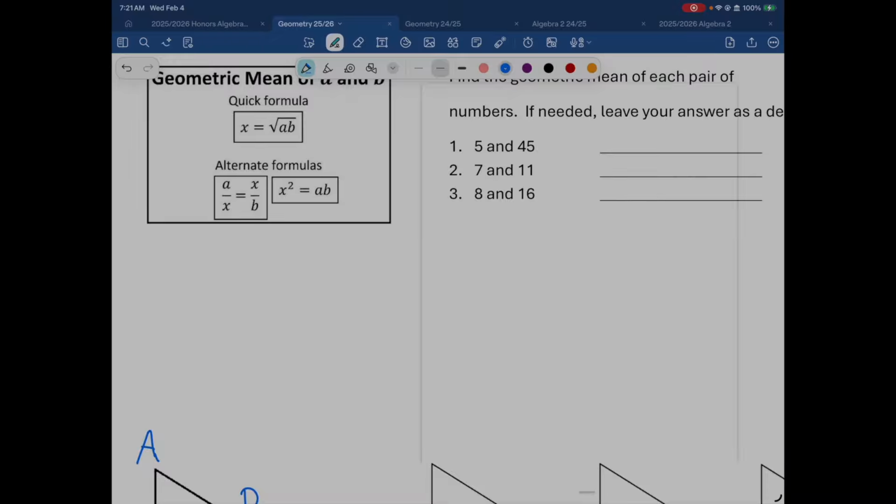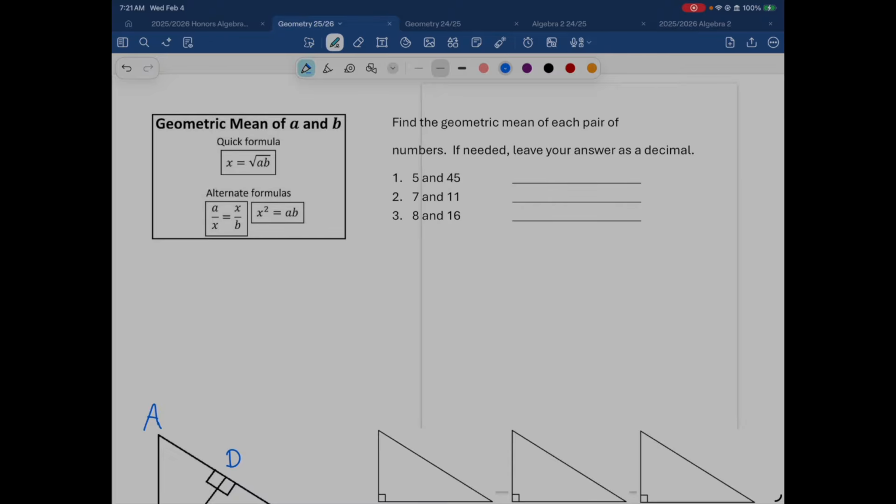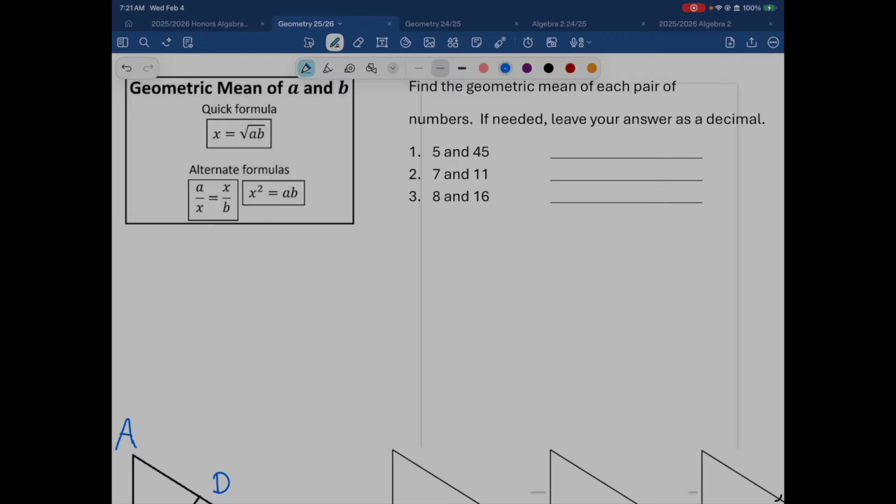So we're just going to do some quick problems. Directions say leave your answers as decimals. We're not going to worry about simplifying the square root today. When we do these, this is going to be our A value, this is going to be our B value. We're going to use the quick formula, and it's the easiest one to do. So x is going to equal the square root of 5 times 45.